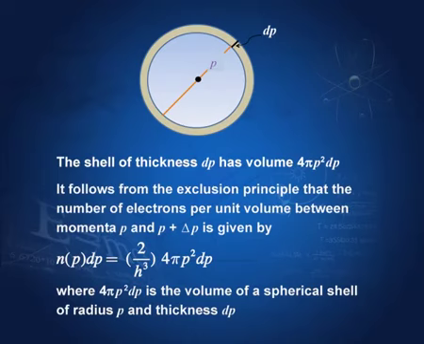As long as this number is smaller than this number, there is no problem. However, if this number, the number density of particles between p and p plus dp given by Pauli's exclusion principle, is much larger than this number, then the Maxwell-Boltzmann distribution is no longer valid.